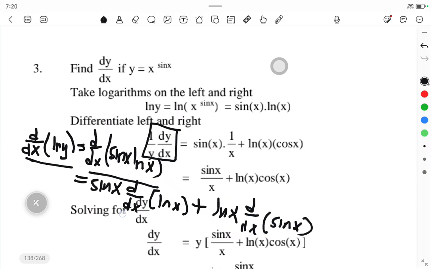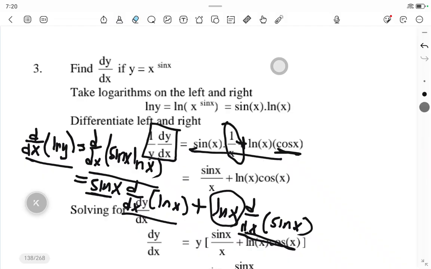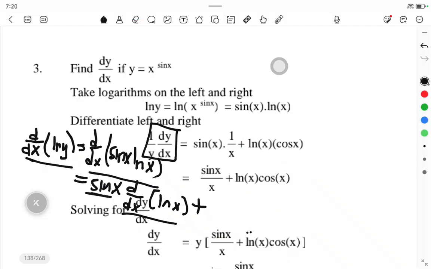Let's check. If I derive ln x, I'm going to get 1 over x while I'm keeping my sine x. Then I add, now I derive sine x, I get cos x while I'm keeping my ln x. And then we just simplify, I can take this sine, put it on top.